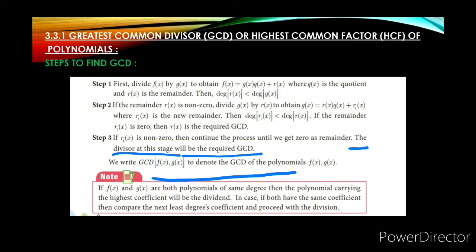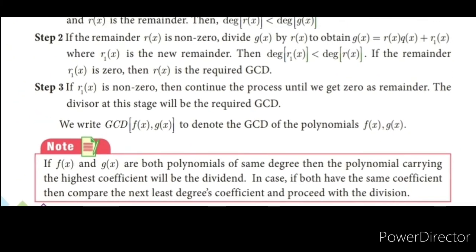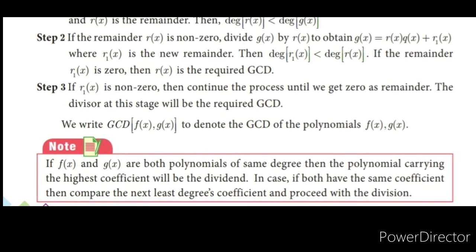So, now come to the note. If f of x and g of x are both polynomials of the same degree, it is very important, then the polynomial carrying the highest coefficient will be the dividend.